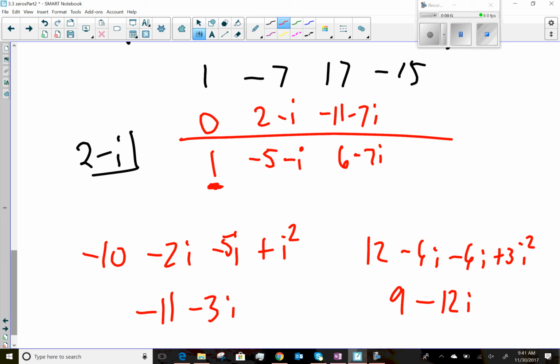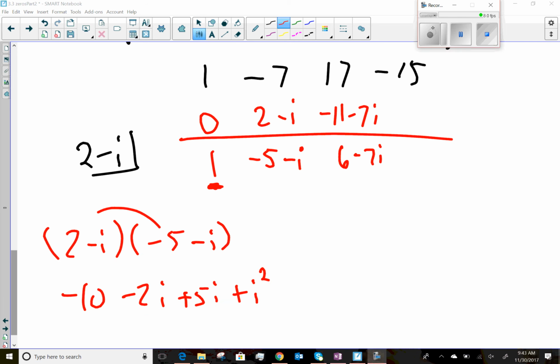So then when we multiply, we still get 12. We get -14, because eventually these will cancel out. So 12, 2 times -7 is -14i, and then i times 6 is -6i.